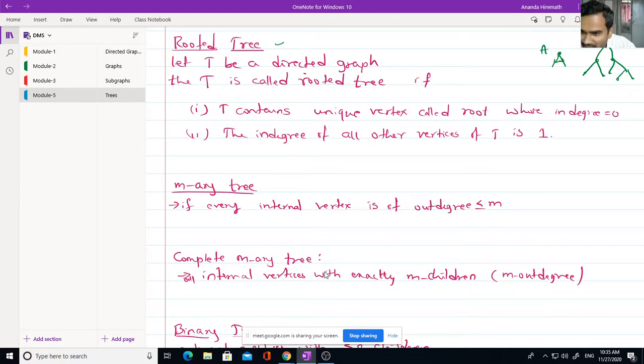Say for example, if I take m equal to 3 here, then every internal node, this is called an internal node or internal vertex, this is called the root, again this is an internal node, and so on. So all these internal nodes must have out degree maximum 3, not more than 3.